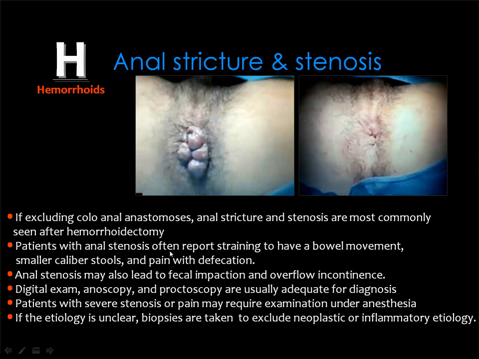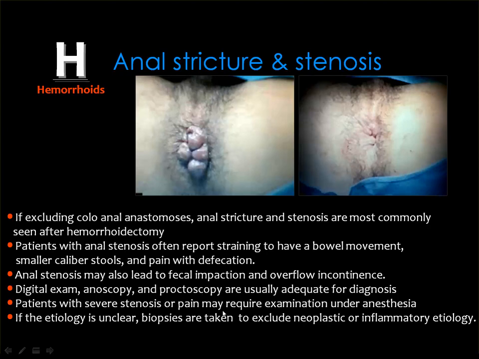Patients with anal stenosis will report straining to have bowel movements, small caliber stools, and pain with defecation. Stenosis may lead to fecal impaction and overflow incontinence. It can be assessed by digital examination, anoscopy, and proctoscopy.